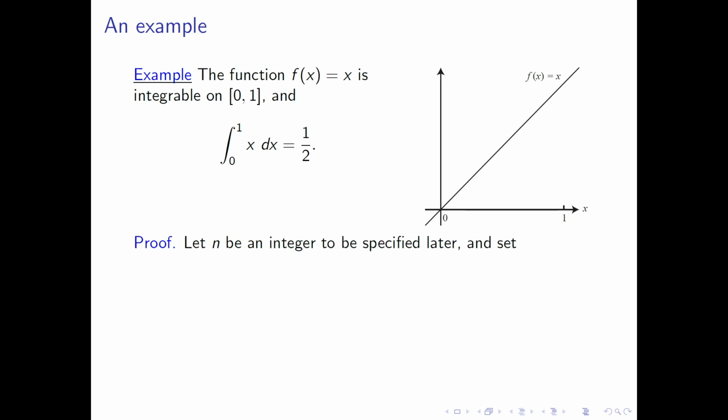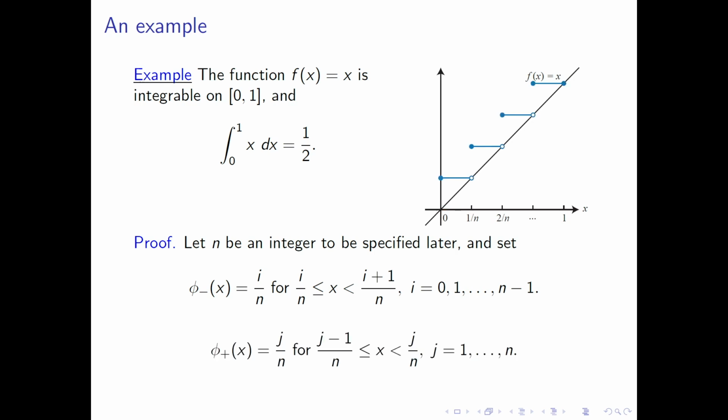We picked some integer n, some big integer n, and we looked at this very natural step function below the graph, divided up [0,1] into n equal sized intervals, and defined the step function adapted to that partition, but it was as big as it could be. And similarly, phi plus is a majorant for f adapted to the same partition.